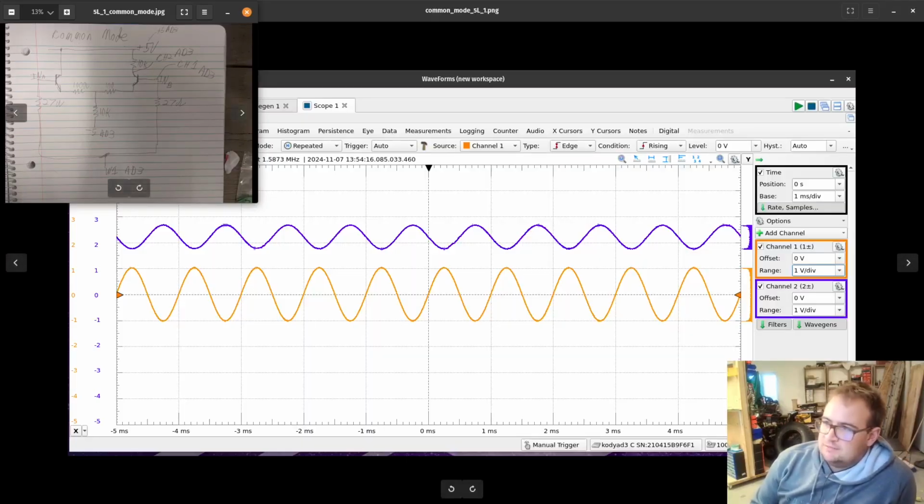The wave function generator is read on channel 1, a 1 volt sine wave.